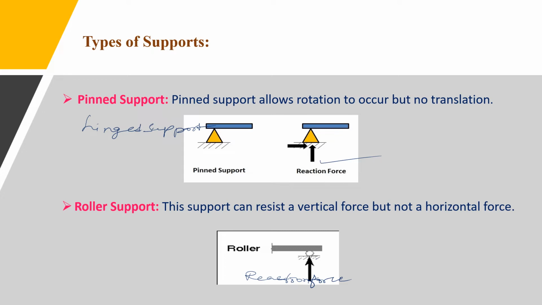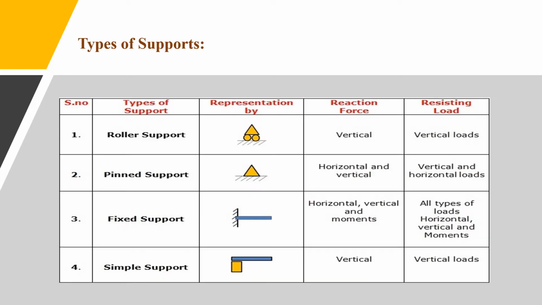Now, in this diagram, you can see the first one is roller support, second one is pinned support, then fixed support, and simple support. For roller support, only one reaction, that is, the horizontal rollers are provided, so perpendicular to that, that is the vertical load, it resists vertical load.